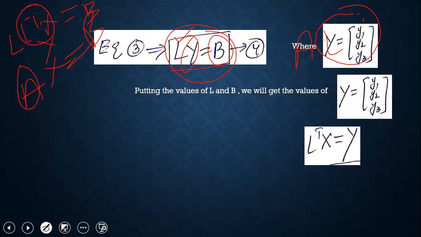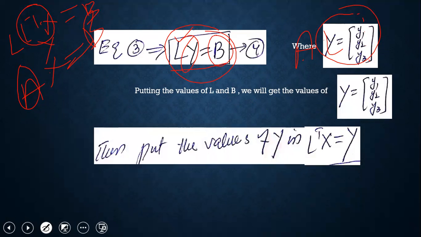So putting values in this, here you are having the values of L transpose. When you replace these values, put the values of L and B here. We will get the values of this Y.